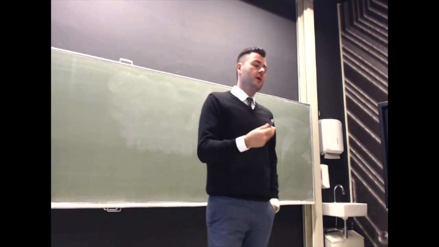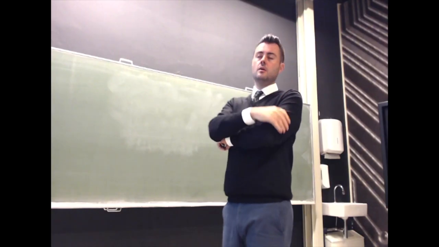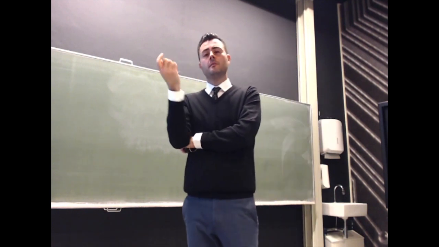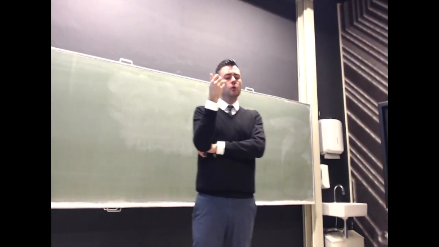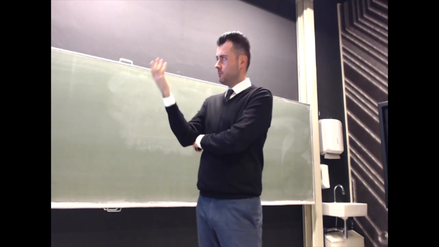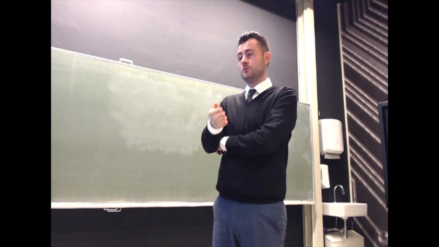But when we play with interest rates, we tend not to use rho alone, but as one of the components of duration. Why? Because rho would be an interesting sensitivity of the price of the portfolio, or the value of the asset, with respect to interest rates.